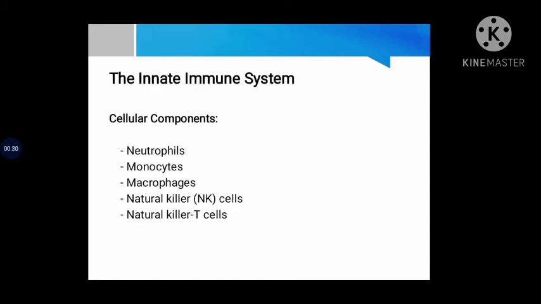The innate immune system is defined as the first line of defense against invading pathogens such as bacteria, viruses, fungi, and parasites, and consists of mechanical, biochemical, and cellular components. The cellular components of the innate immune system are neutrophils, monocytes, macrophages, natural killer cells, and natural killer T cells.